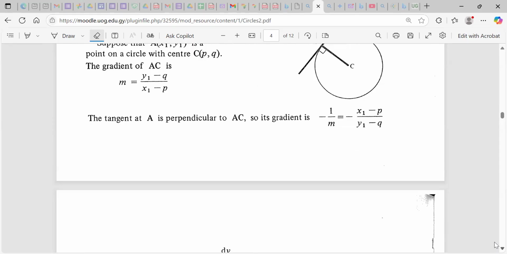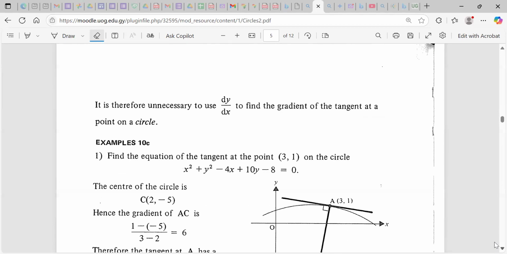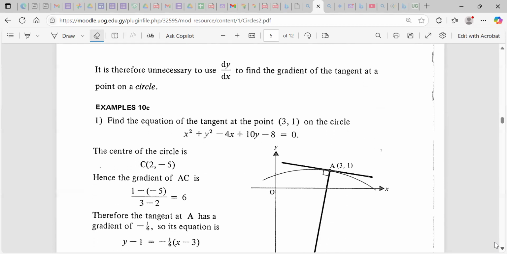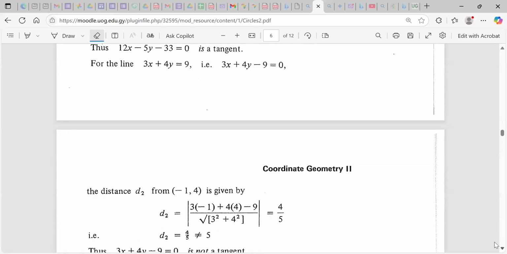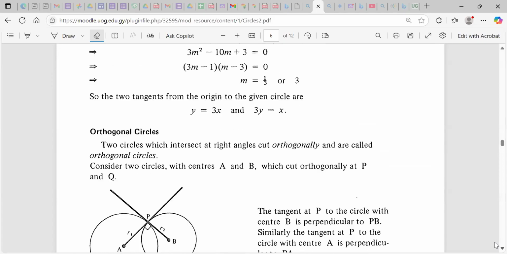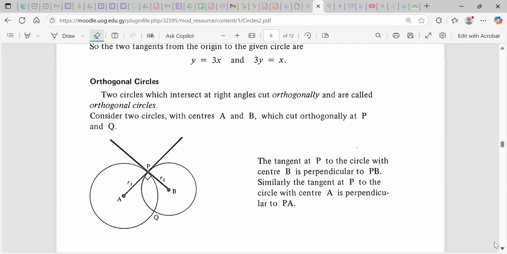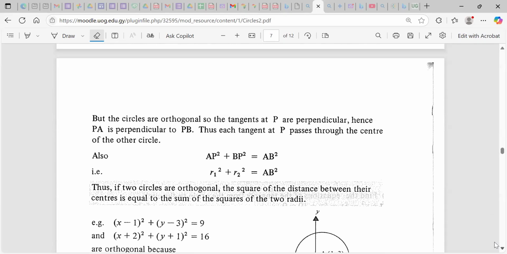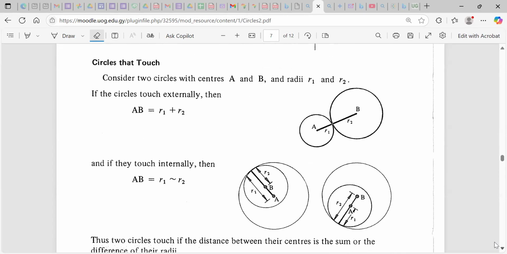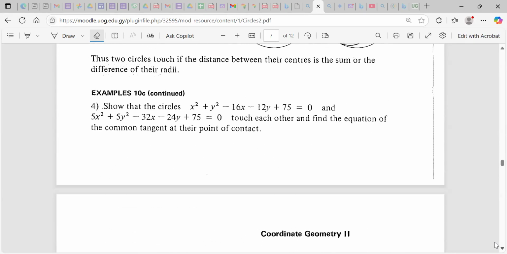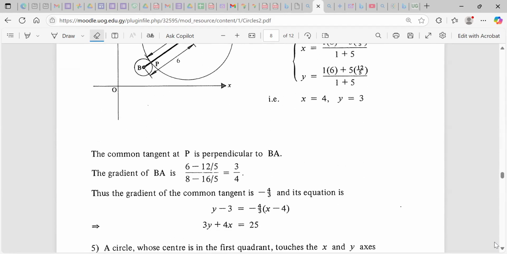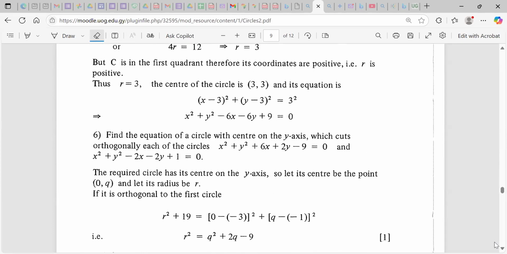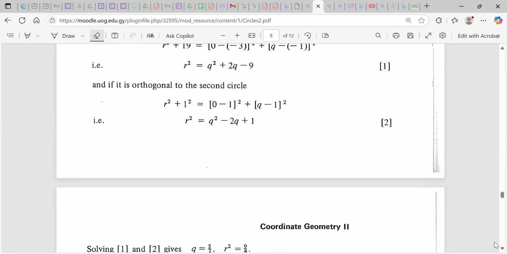And if it's equal to the radius of the circle, well, then you know that's a tangent, right? All of that should have been covered in the previous course, right? And then there's this condition about orthogonal circles and concentric circles and circles that touch and all of that, right? I'm going to skip over all of that. Those should all be in a previous course, right?